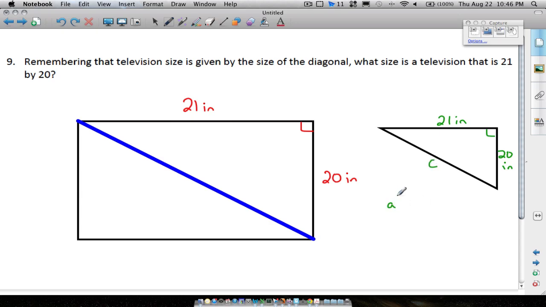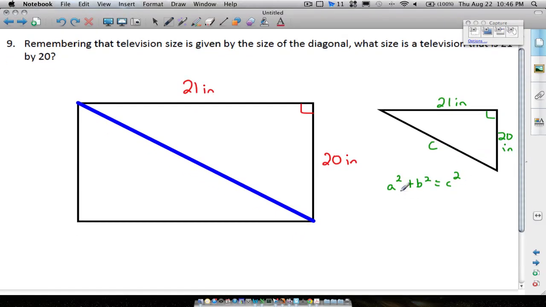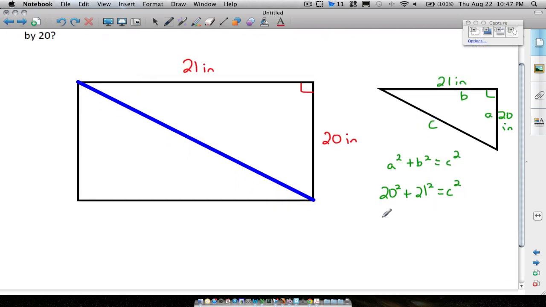So we use the Pythagorean Theorem, a squared plus b squared equals c squared. And let's plug in our values. It doesn't matter which one's a and which one's b. They're both legs. I'll call that one a and that one b. So a squared, that's going to be 20 squared, plus b squared, that's going to be 21 squared, is equal to c squared. 20 squared, that is 400. 21 squared, that is 441.